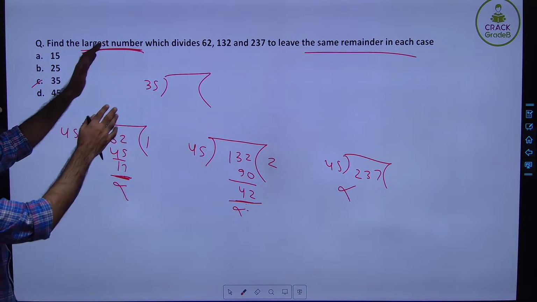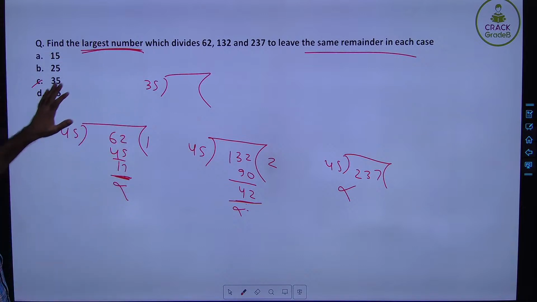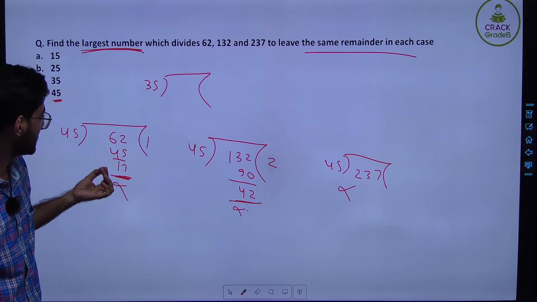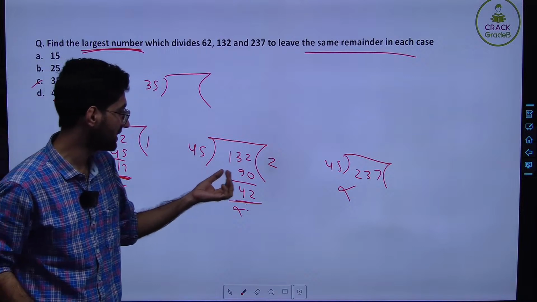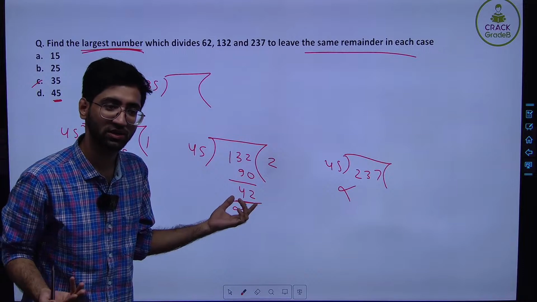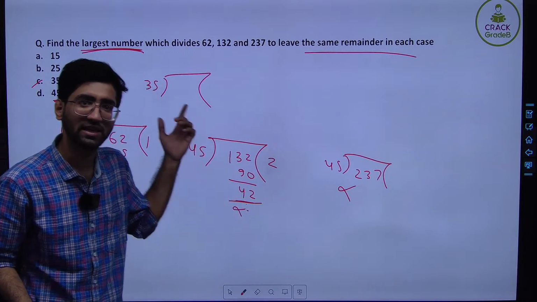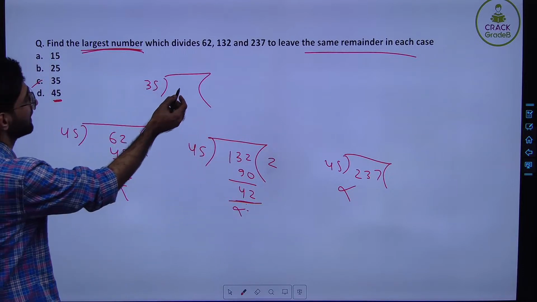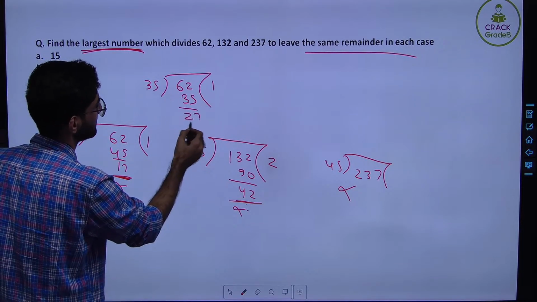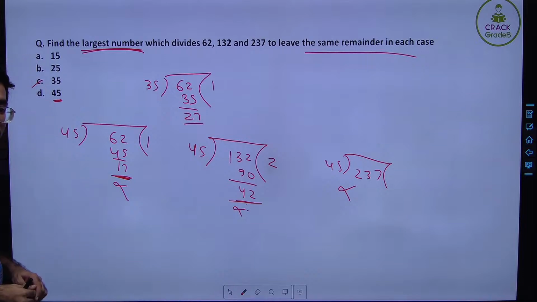We should get the same remainder if we divide by 45. But when you divide 62 by 45, you get remainder 17, and when you divide 132 by 45, you get remainder 42. You are not getting the same remainder. Let us check for 35. If you divide 62 by 35, you get remainder 27.